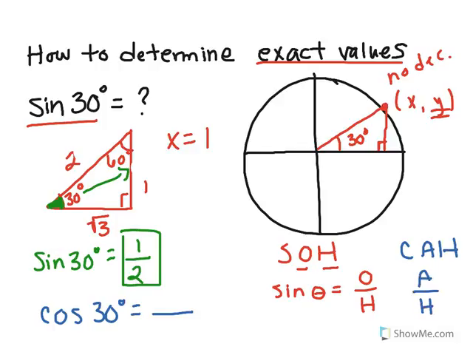And adjacent is always kind of like the odd side, the side that's neither the opposite nor the hypotenuse. So in that case, that would be the square root of 3. I'm going to put that in the numerator as my adjacent side. The hypotenuse is still 2. So square root of 3 over 2. And this does look like an exact value because there's no decimals and there is a radical and it's simplified, so we are good.